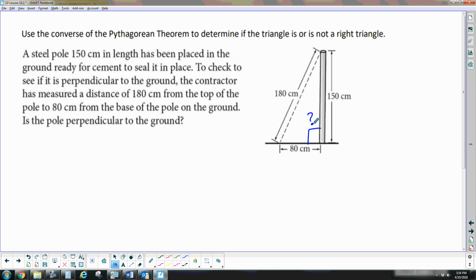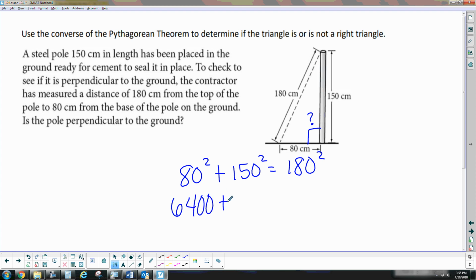Well, if it's a 90-degree angle, then a squared plus b squared will equal c squared. So we want to check 80 squared plus 150 squared. We want to make sure that equals 180 squared. If that's true, then it is perpendicular. So 80 squared is 6,400. 150 squared is 22,500. And that should equal 32,400.